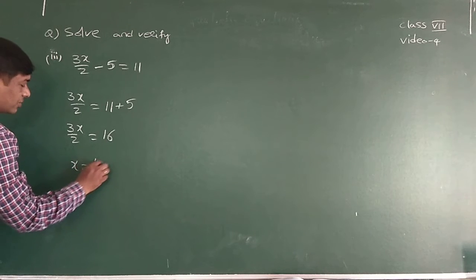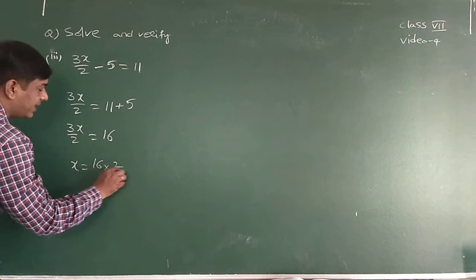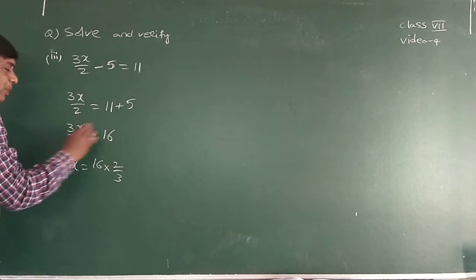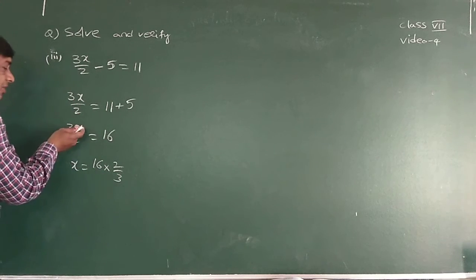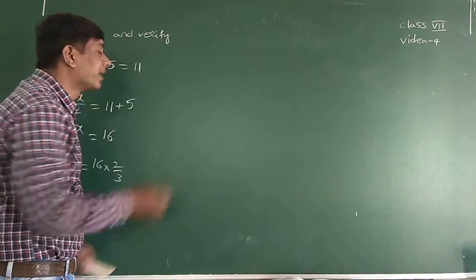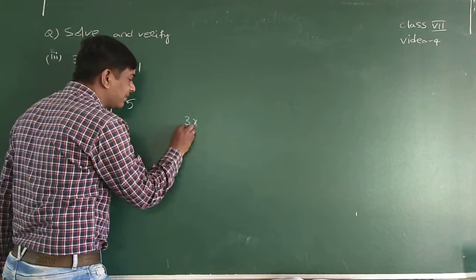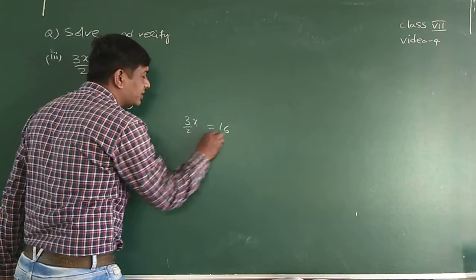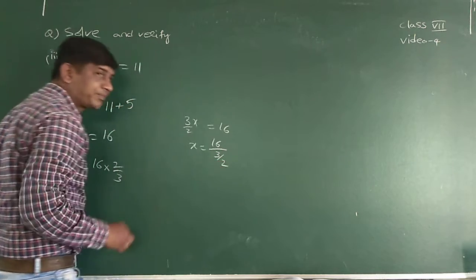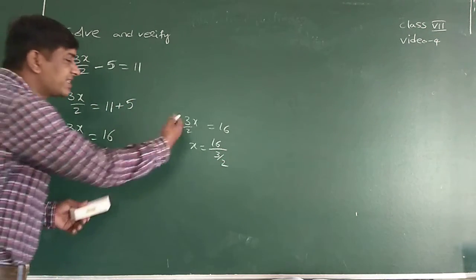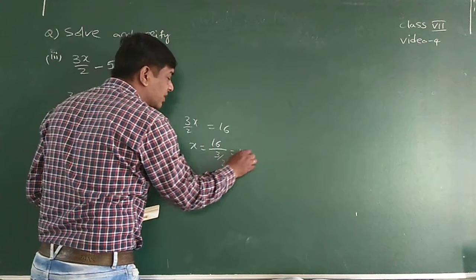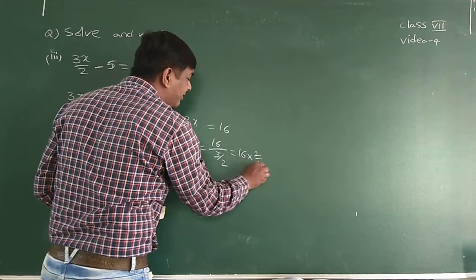X is equal to 16 into 2 by 3, because 3 by 2 becomes 2 by 3. Actually here, 3 by 2 into x is equal to 16, so x is equal to 16 by 3 by 2. When you take the reciprocal, it is in the denominator and again a fraction is there. If you simplify, 16 into 2 by 3 we will get.